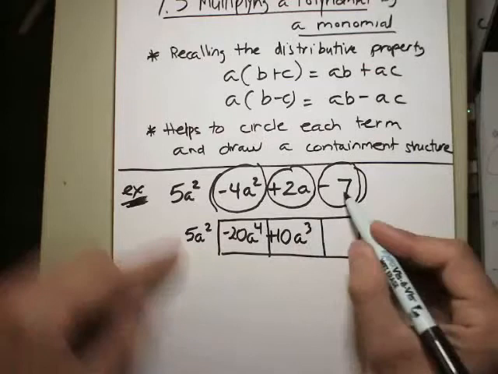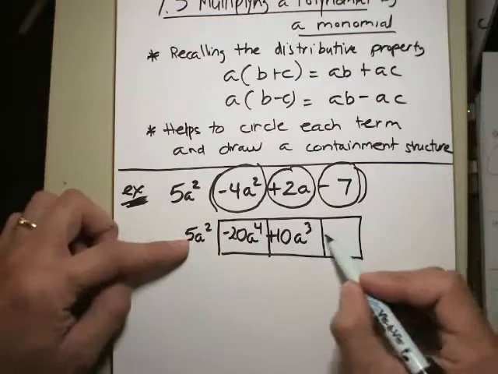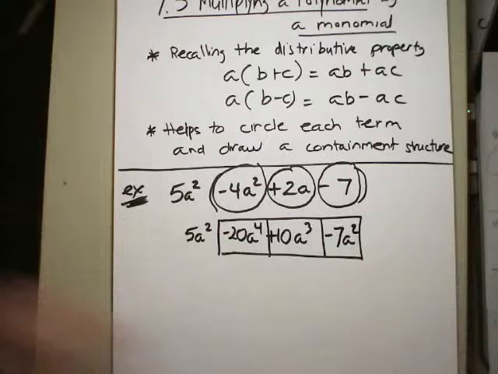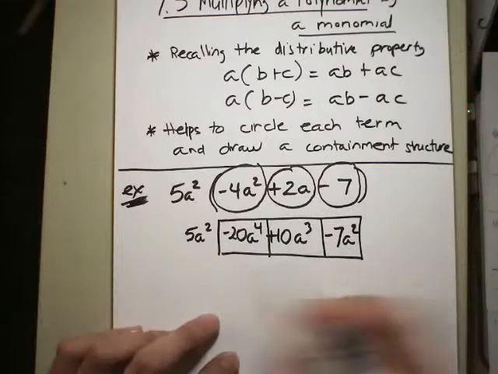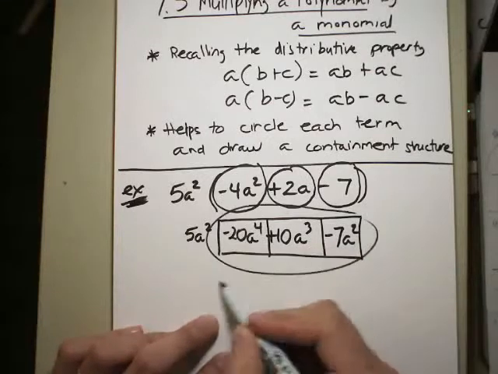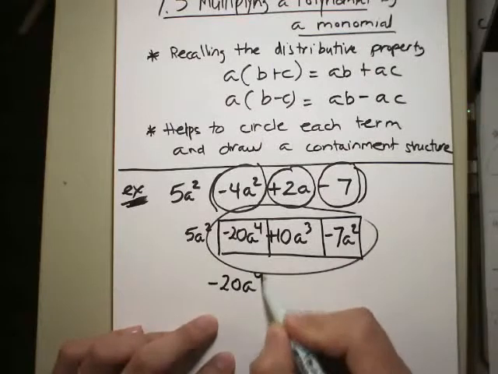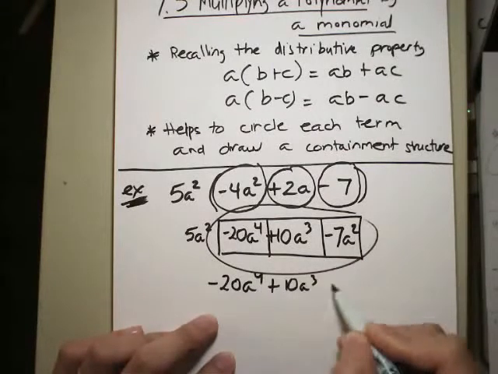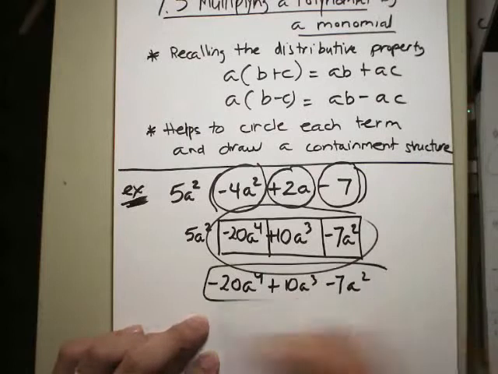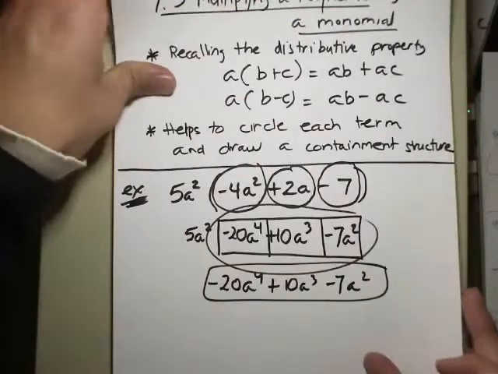And this is a negative 7 times 5a squared, which becomes negative 7a squared. You put them all together, whatever is in the boxes is your answer, so you end up with negative 20a to the 4th power plus 10a to the 3rd minus 7a squared. Very simple, very straightforward.